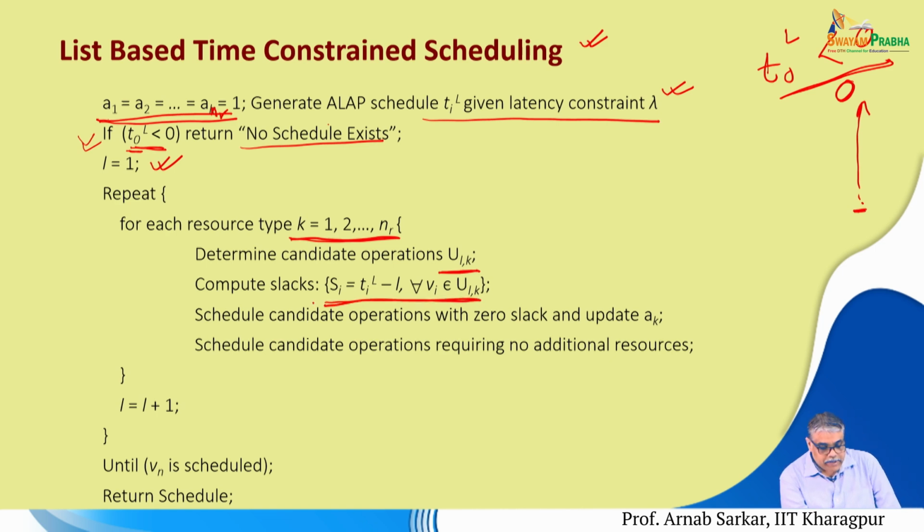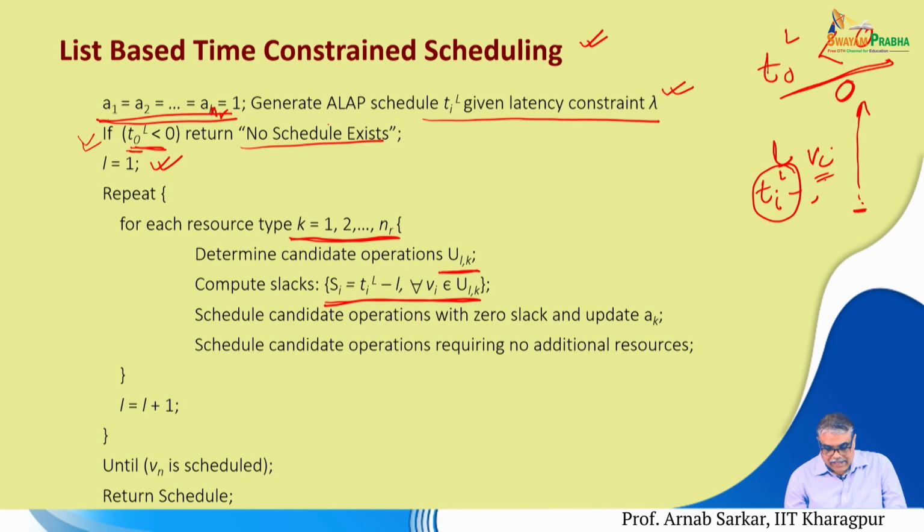Slack means: if my current time step is L and TIL is my latest time step at which I can possibly schedule the operation Vi, then TIL minus L gives me the current slack.